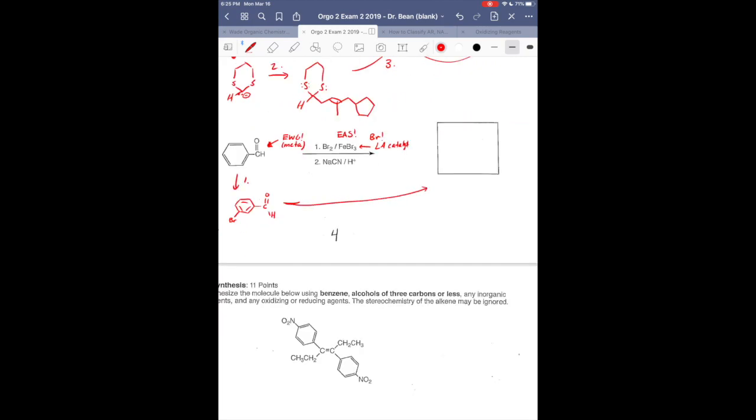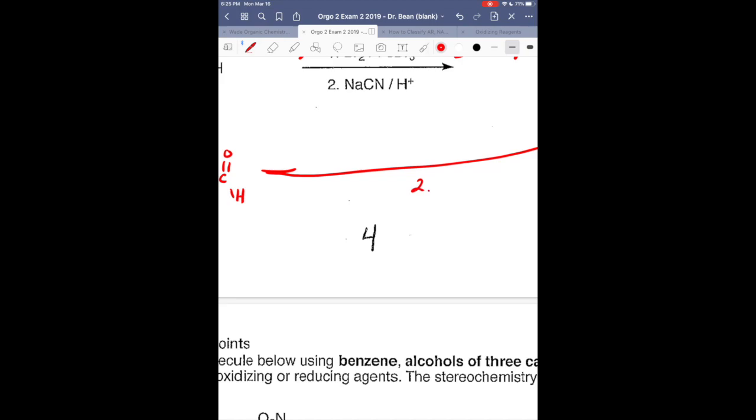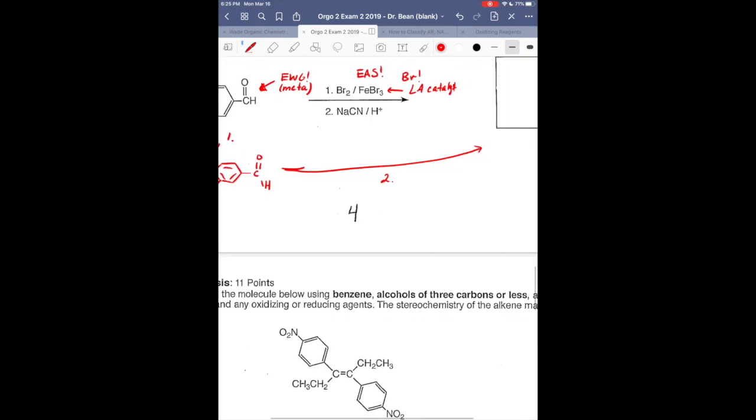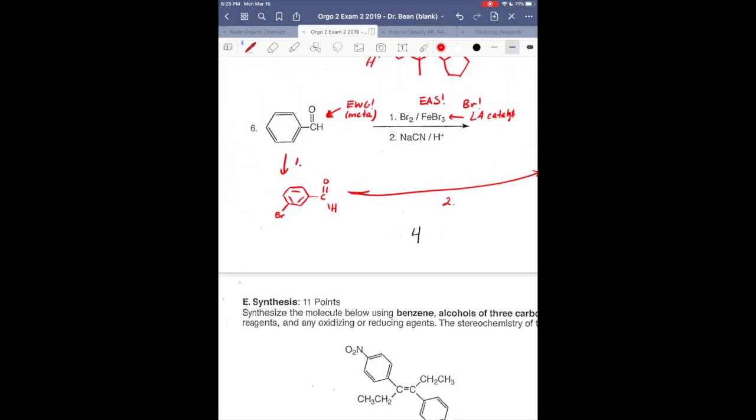And then we go to step number 2. So we have this cyanide, and we have H+, so there's some non-aqueous acid, and that's going to just help catalyze this reaction.